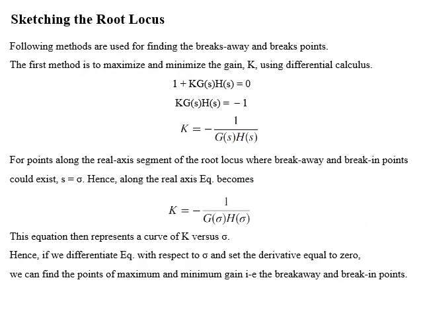Dear students, now we will study methods through which we can find breakaway or break-in points. The first method we are going to use is differential calculus. As we know, the characteristic equation of a closed loop system is given by 1 plus kG(s)H(s) equals 0, or kG(s)H(s) will be equal to -1.